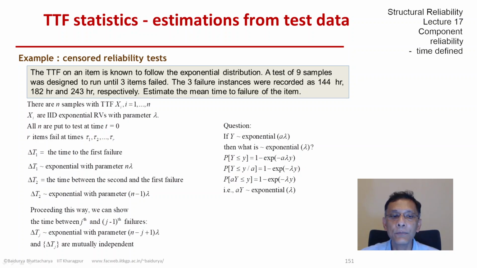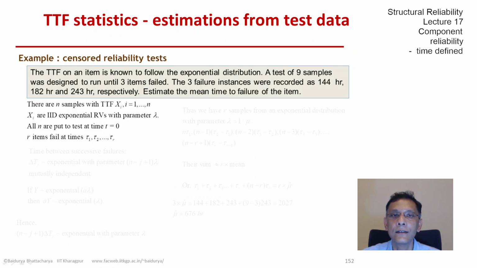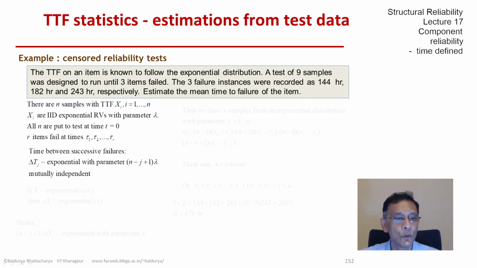So with that in mind, that if Y is exponential a lambda, then aY is exponential lambda, we can fix the non-identical problem that we just mentioned. All the tj's, as I said, are exponential with parameter n minus j plus 1 lambda.